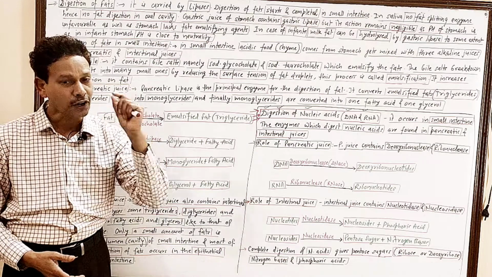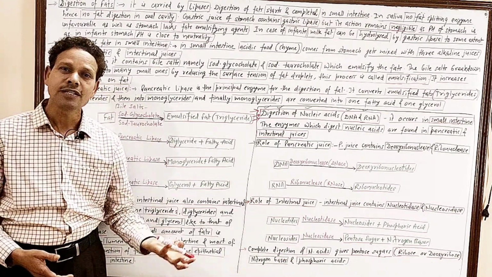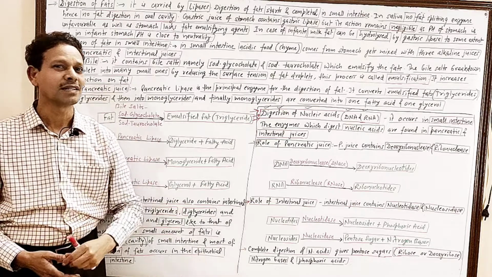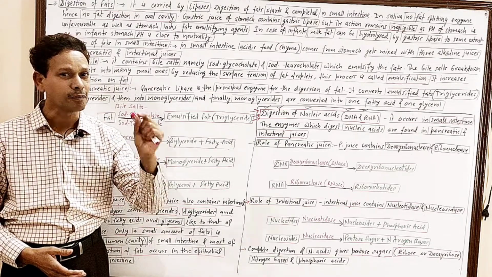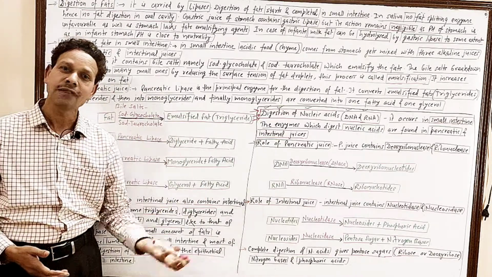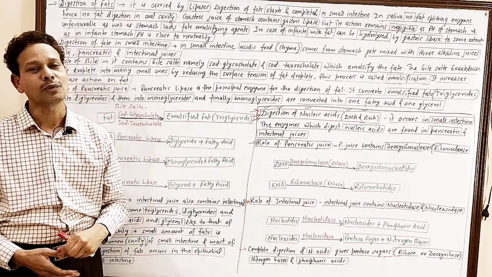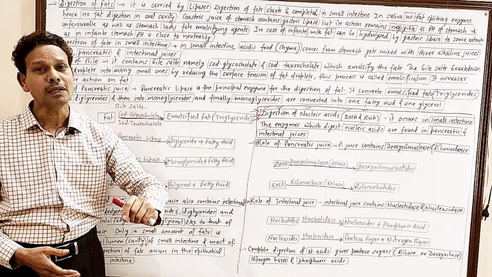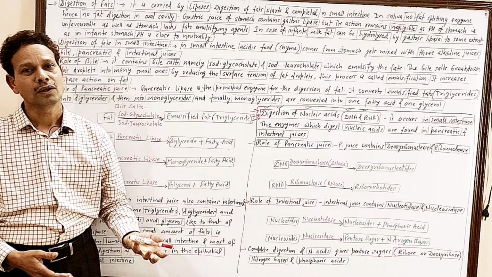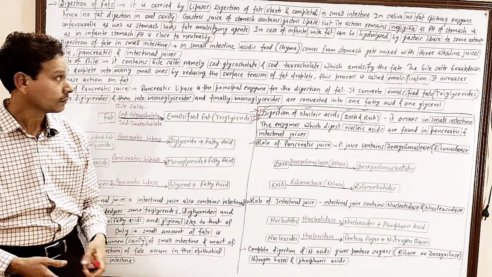For the proper functioning of lipase enzyme, suitable pH as well as emulsifying agents are needed, because this enzyme lipase acts upon emulsified fat. That's why in the stomach the role of gastric lipase remains almost zero.